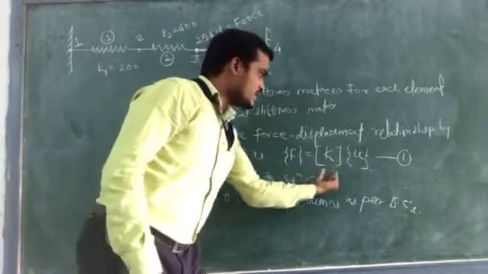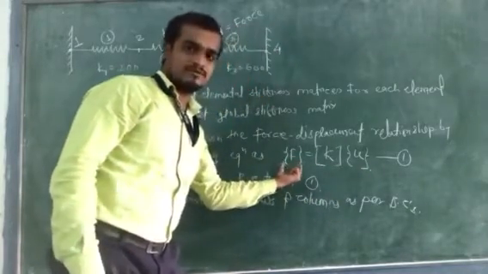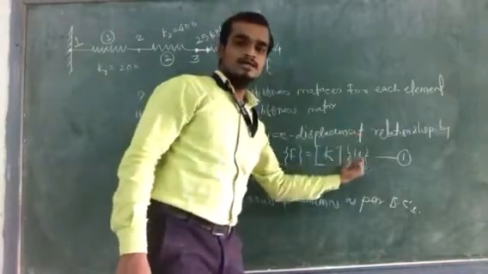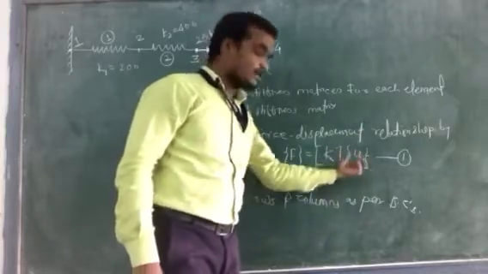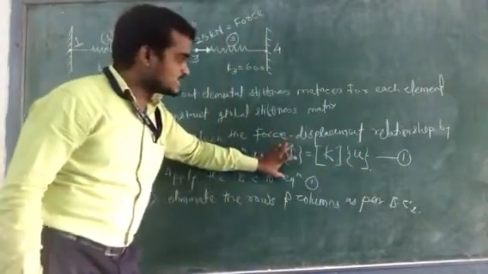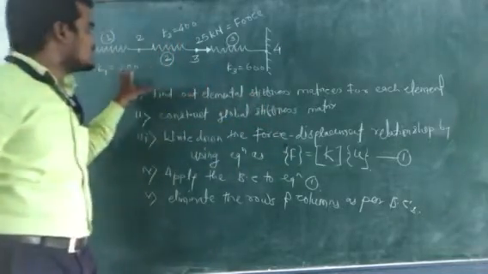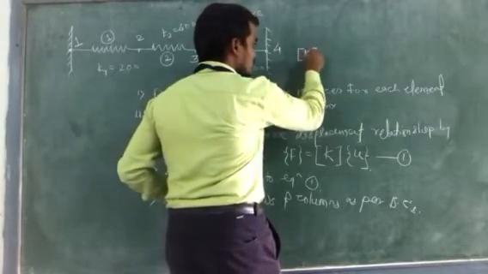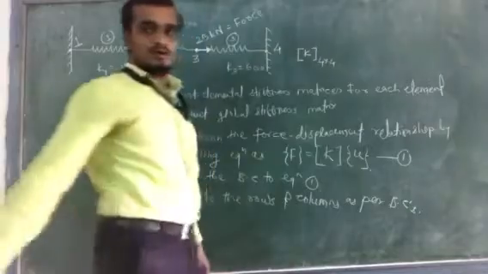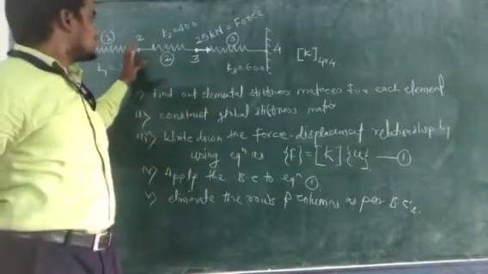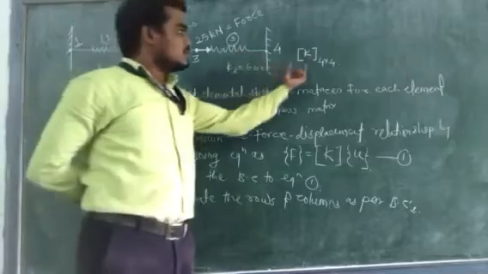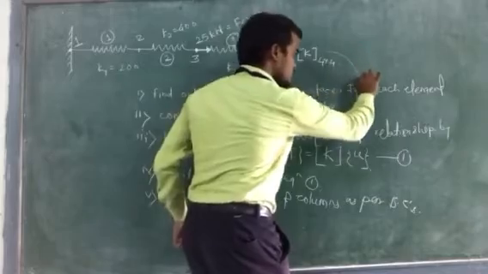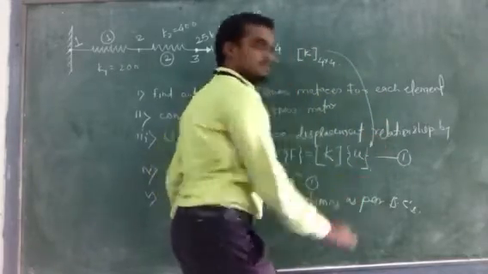As this is F = K times U, where F is your force vector, K is your global stiffness matrix, and U is your displacement vector. Okay, so in this example, as there are 4 nodes, you will get a global stiffness matrix of order 4 by 4. So by using this global stiffness matrix, write down the force and displacement relationship.